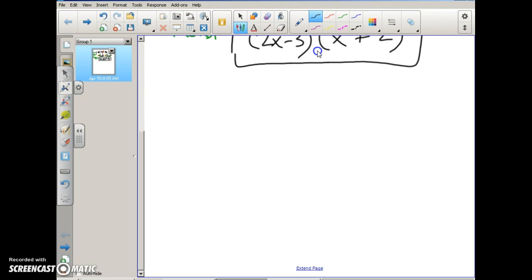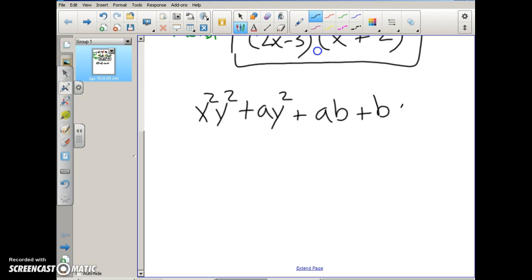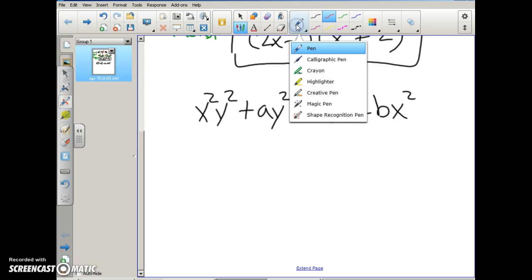You might see one like this where it is x squared y squared, plus ay squared, plus ab, plus bx squared. Okay, again, I'm doing the same steps as I did before. It may look a little more difficult. It's really not that bad.